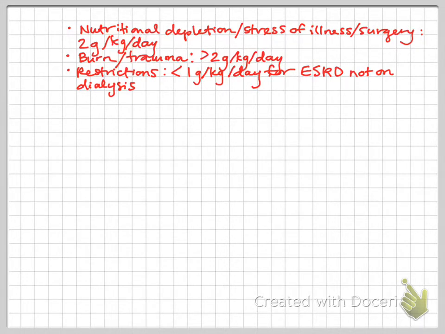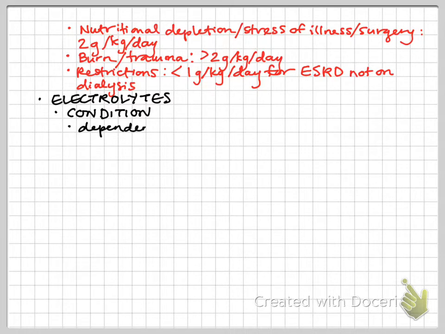So let's talk about electrolytes, because those are essential. This depends on the patient's condition. So obviously, if a patient were hypernatremic, we wouldn't want to give them excess sodium in TPN or PN, as it's called in the book. This is dependent on the health problem. Remember, we're looking at our patients holistically.